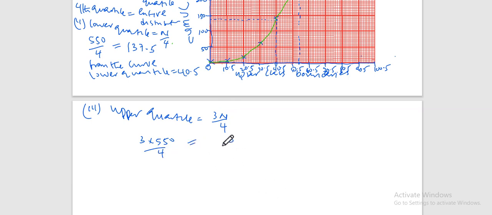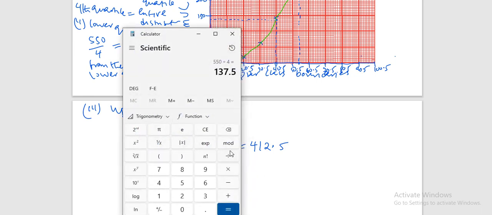That gives us 1650 divided by 4, which is 412.5.